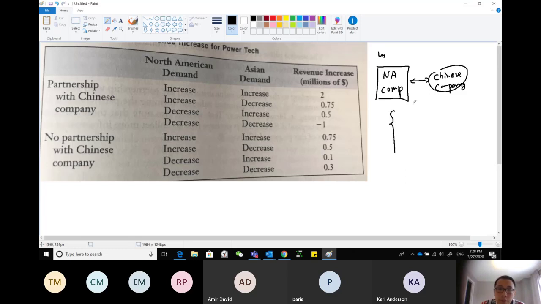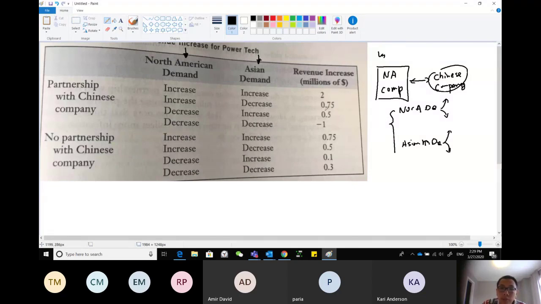The first is that the North American market demand may increase or decrease. The Asian market demand also may increase or decrease. So that's this column and this column here, okay?